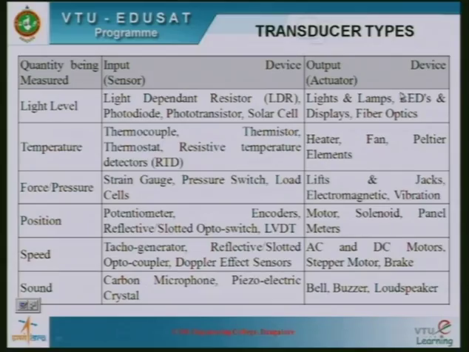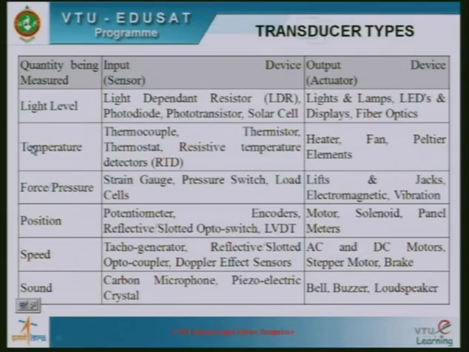A lamp is an actuator wherein you apply 230 volts and it is able to give you light. Or an LED: I apply some voltage, and if the voltage is more than about 2.2 volts, it is able to glow. I can also have fiber optics wherein I can convert an electrical signal to optics. So a combination of sensors and actuators, all of them are basically called transducers.